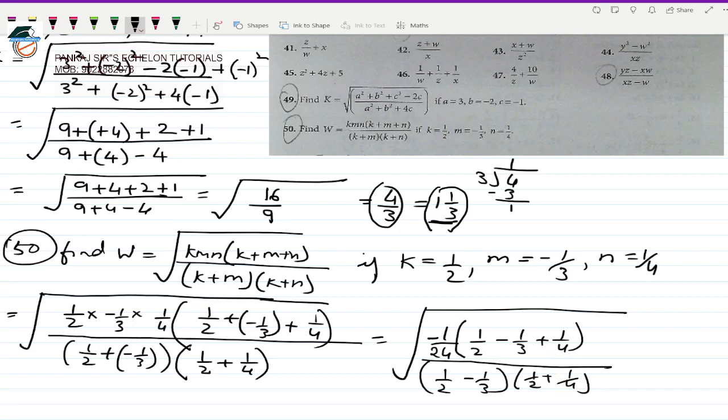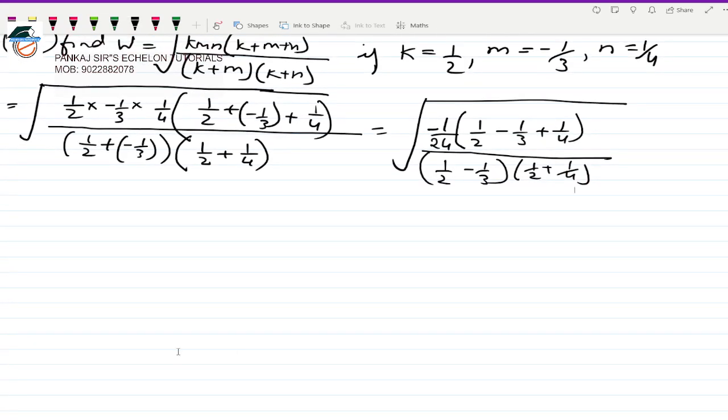Okay, now this will be equal to the square root sign, minus 1 upon 24 you have. Now here, these are the 3 fractions with either plus or minus sign in between. So I'm going to use LCM of 2, 3 and 4. So LCM of 2 and 4 is 4.